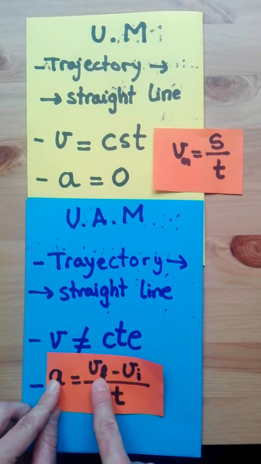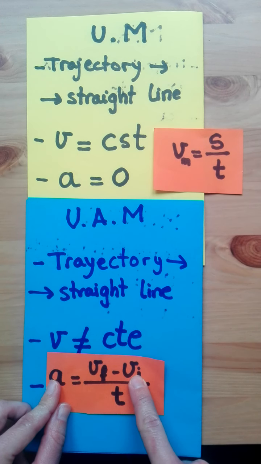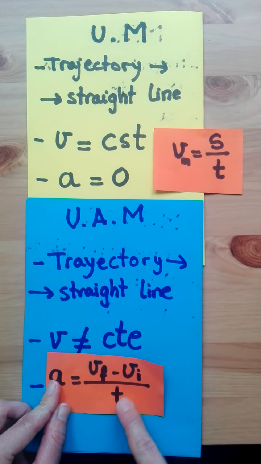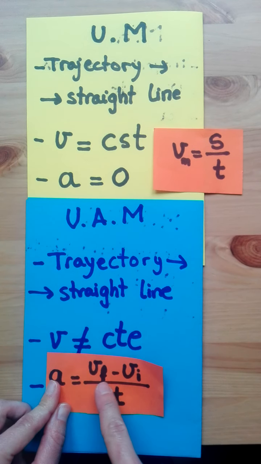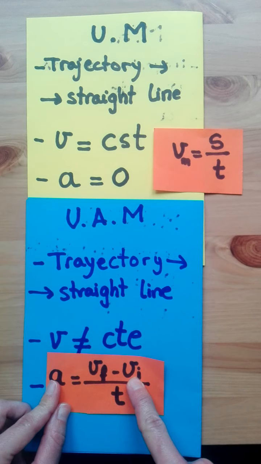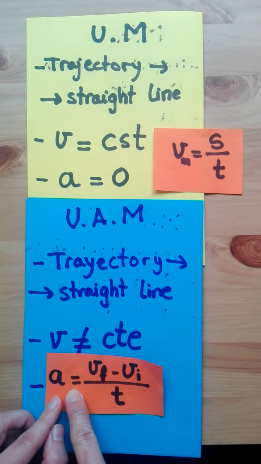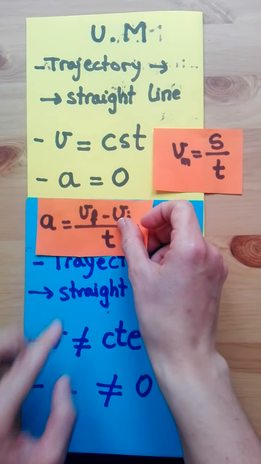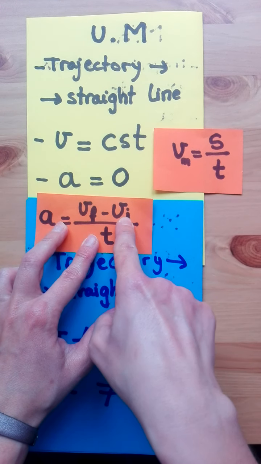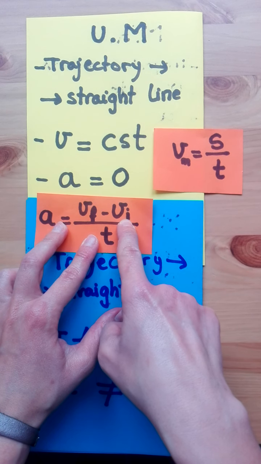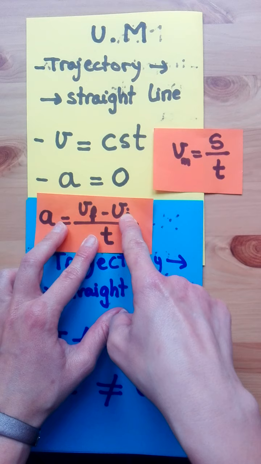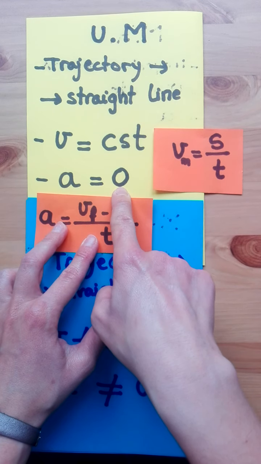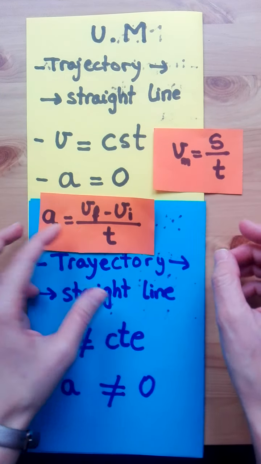The acceleration is the final speed minus the initial speed divided by the time, okay? If the speed is changing, the final speed is going to be different to the initial speed. That is why here we have an acceleration, while here the final speed is going to be the same as the initial speed. So one number minus the same number, we are going to obtain zero, no acceleration at all.